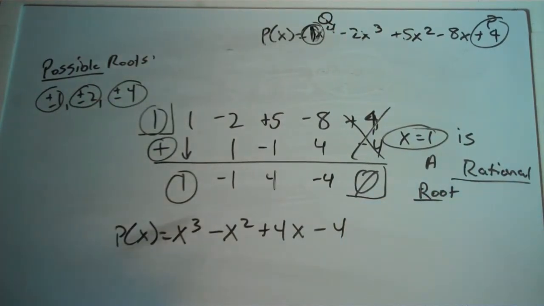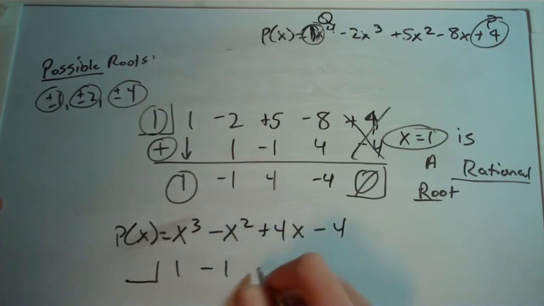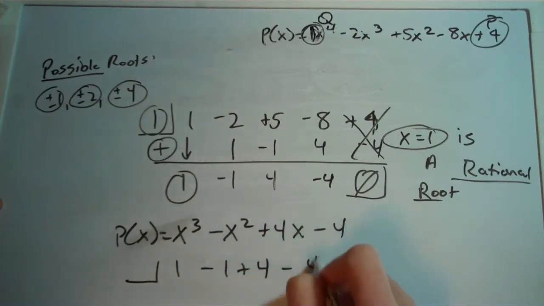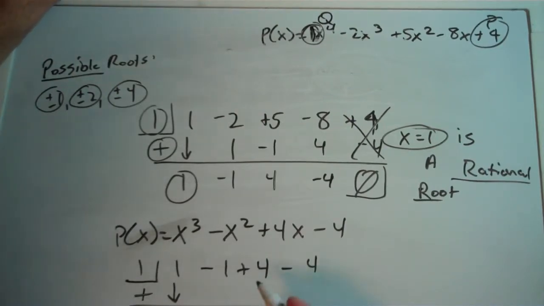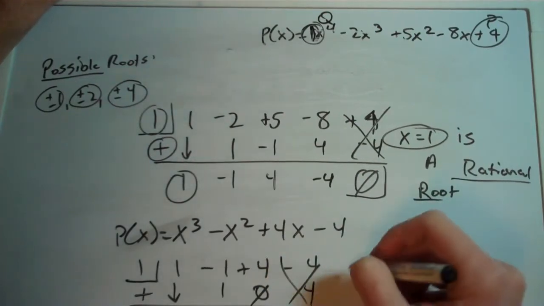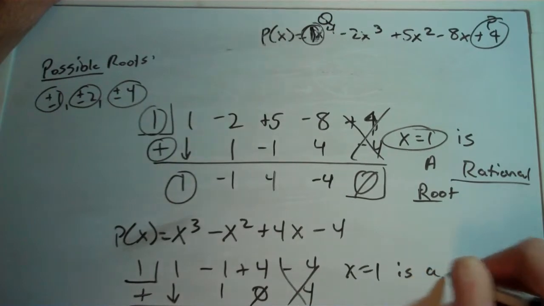So we can take this, do synthetic division again: 1, negative 1, positive 4, and negative 4. And let's just try 1 again. And we go through this entire process again. So we're going to get 1, 0, 4, and here we go. Cancel again. So that means x equals 1 is a root.